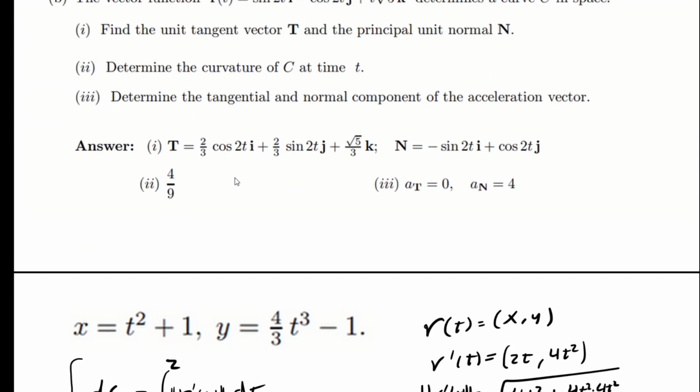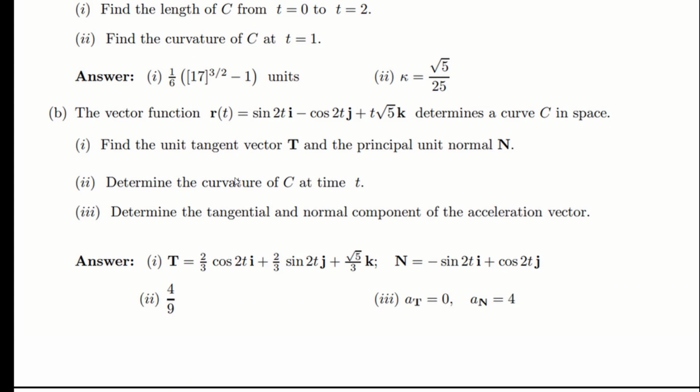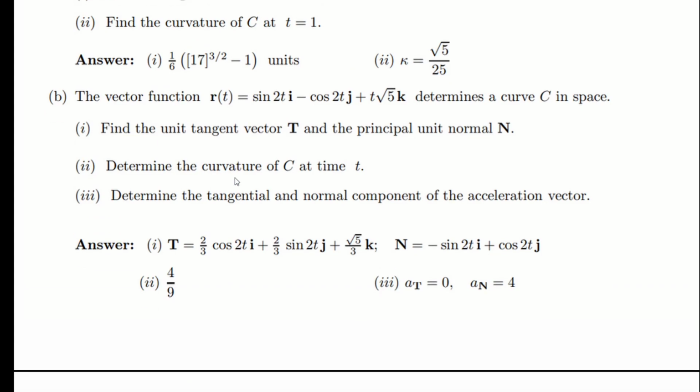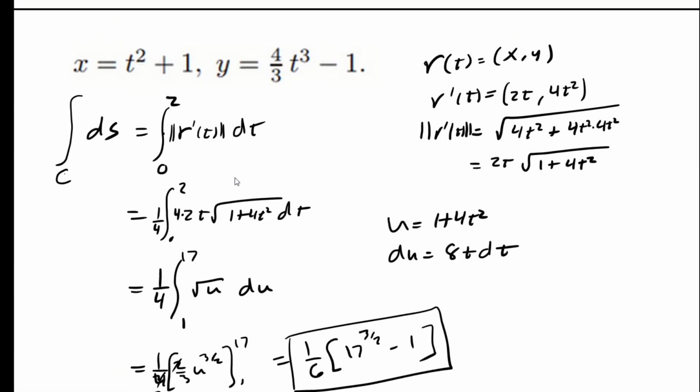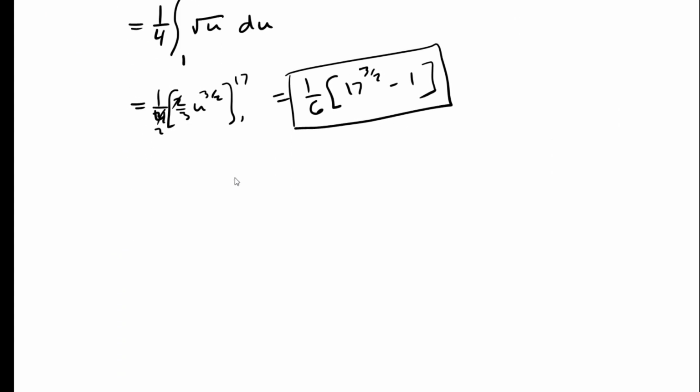Okay, so the next part was find the curvature at t equals 1. So if you remember the curvature, that was the rate at which the tangent vector was changing.